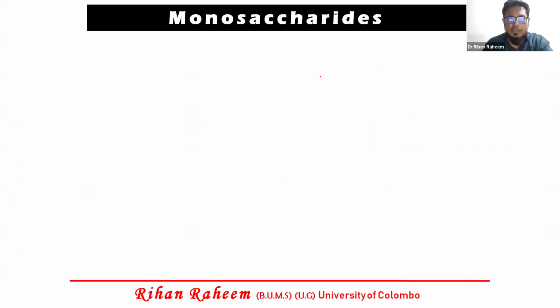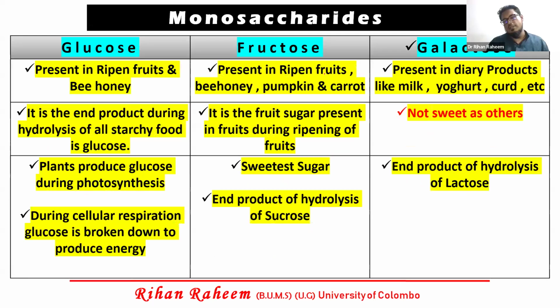Okay. So now let's go a little bit deeper into monosaccharides: glucose, fructose, galactose. When you look at glucose, it is present in ripened fruits and bee honey.